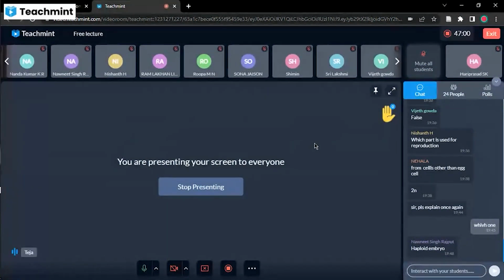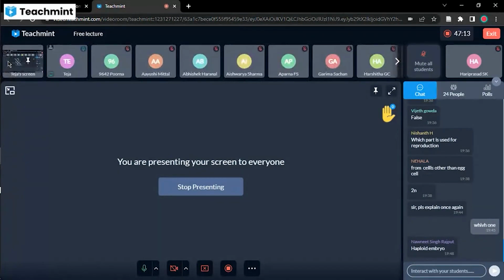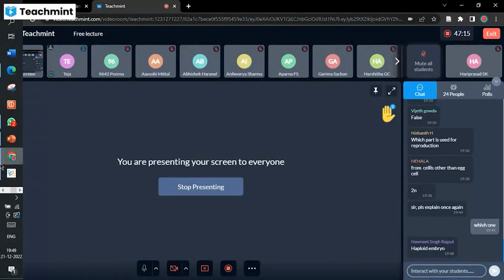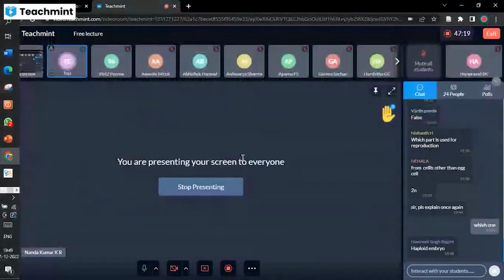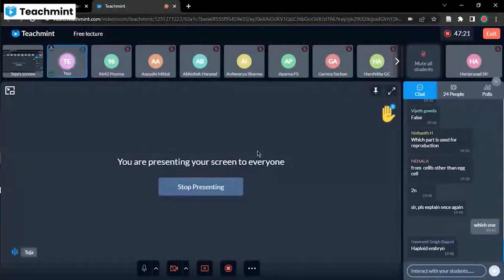Any other than haploid embryo? Embryos are developed without pollination.